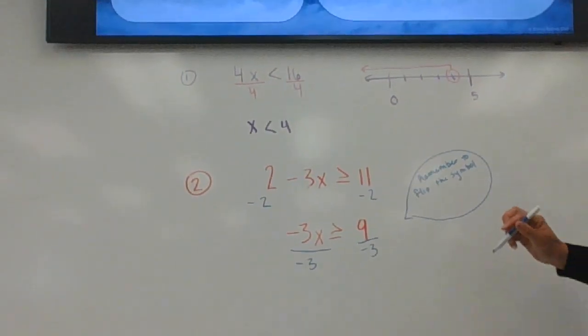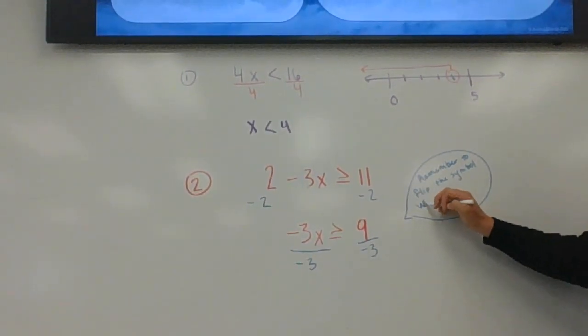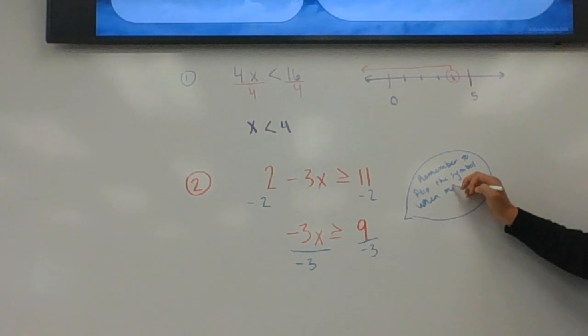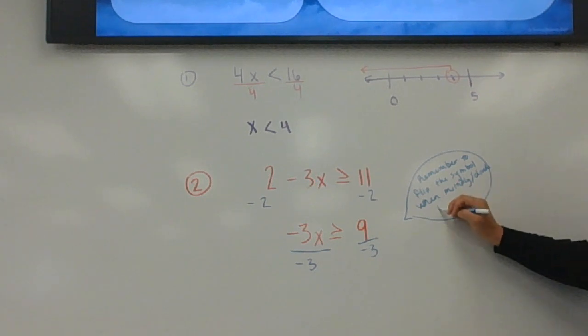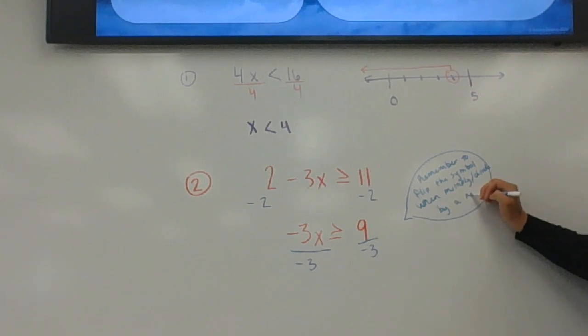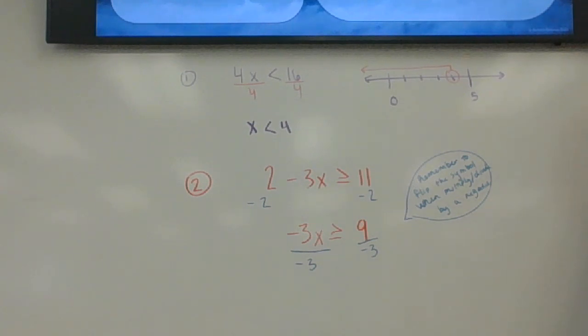I don't know how I'm going to fit all that in there. You guys probably can't read that. But remember to flip the symbol when you multiply or divide by a negative.